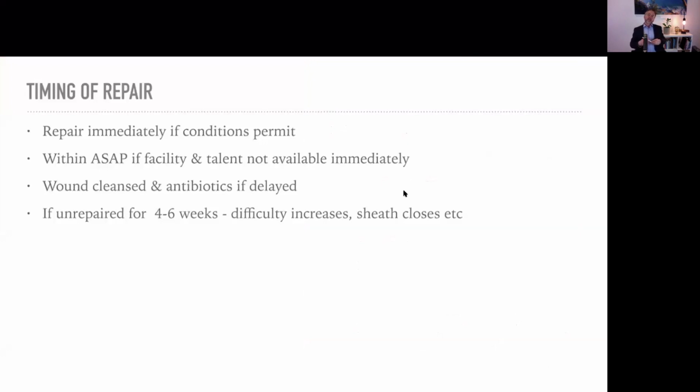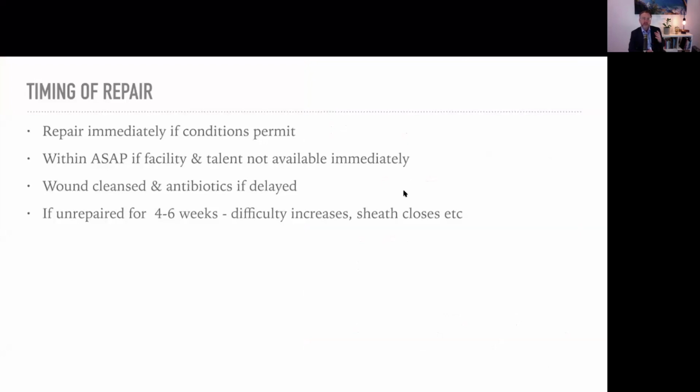These days, in terms of timing of repair, we want to get it done as quickly as we can. If we can't do it immediately, we need to do it as soon as possible, if our facility can do it, our hospital, and if the talent is available. So if we don't have someone, these tendon repairs, particularly around zone 2, need to be done by the most qualified person available.